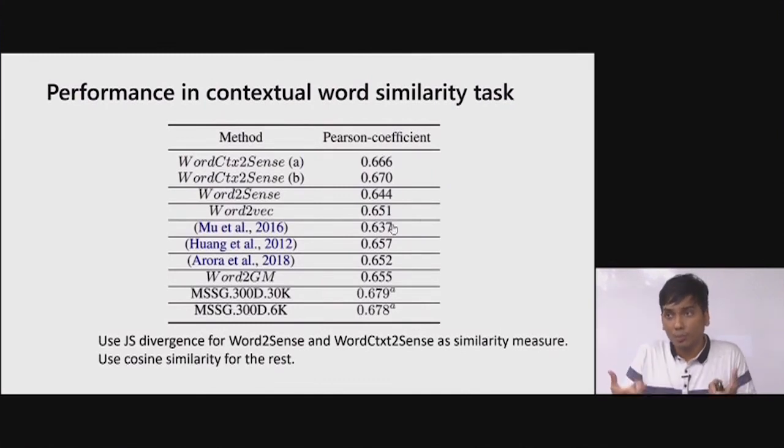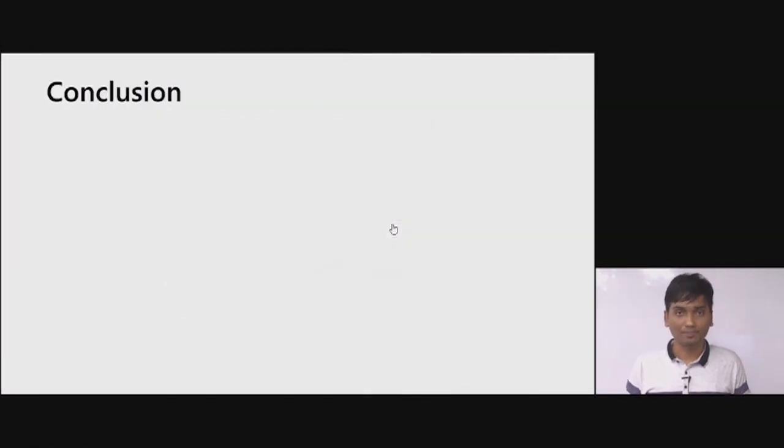So given a pair of words in their respective contexts, we compute their word context to sense vectors and then compare them with JS divergence. There is an entire data set which tells how good we are at this task. It turns out the multi-prototype embeddings are still the best in this task, but we are not far behind.